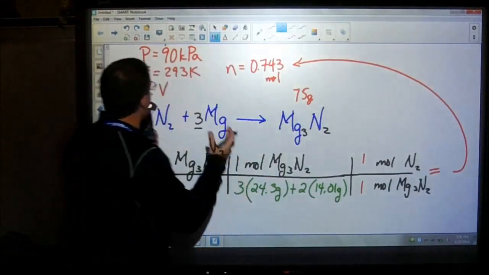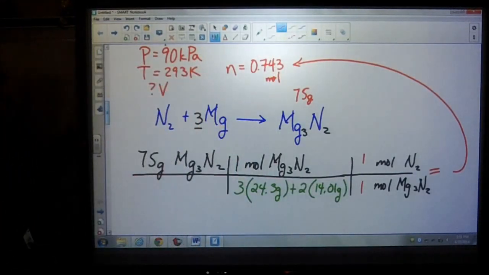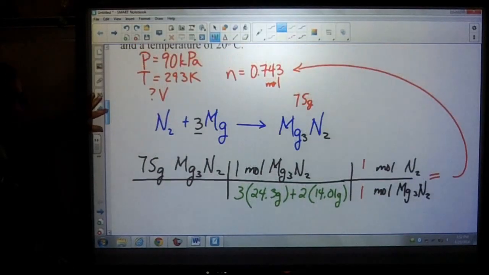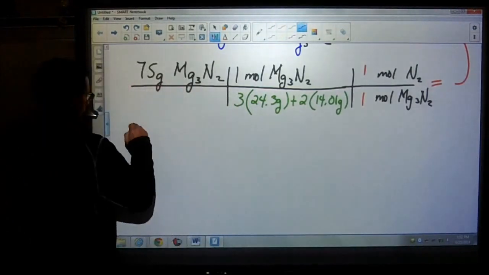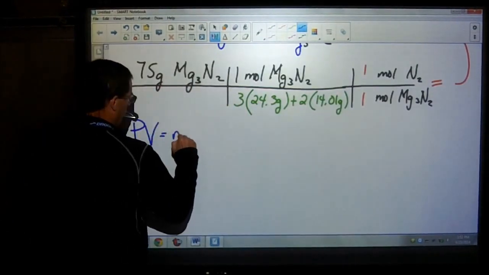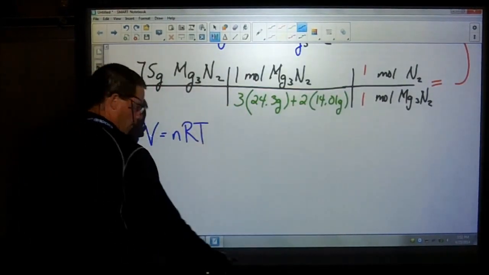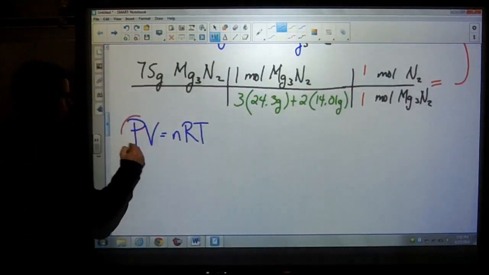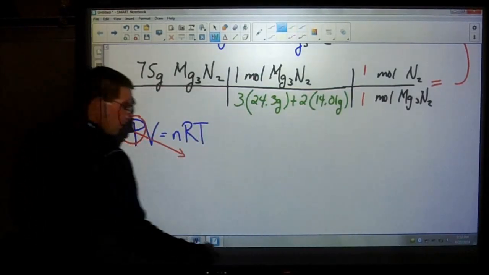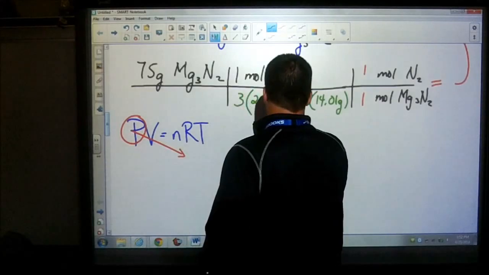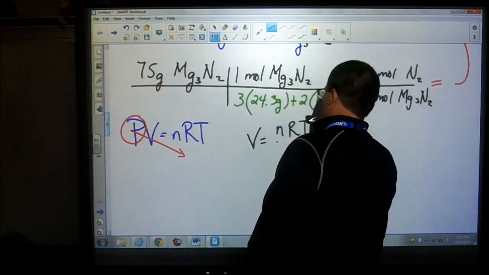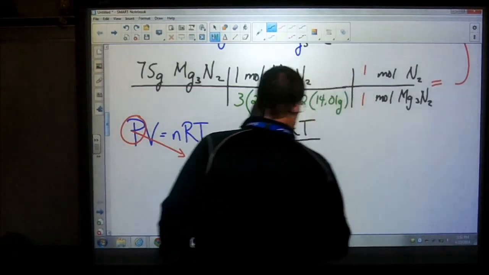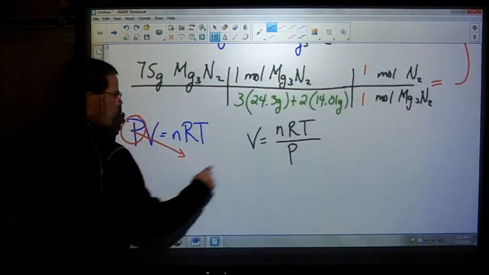Now we have everything we need to solve. We're looking for the volume, so let's use PV equals nRT. I want to divide by pressure on both sides, so volume is equal to nRT over P. Let's plug those values in.